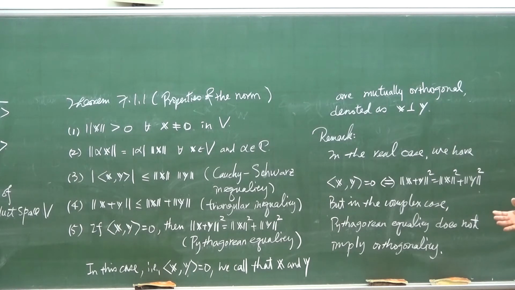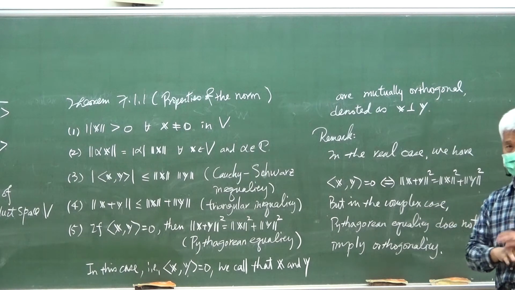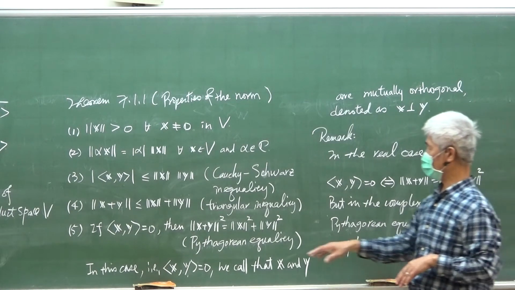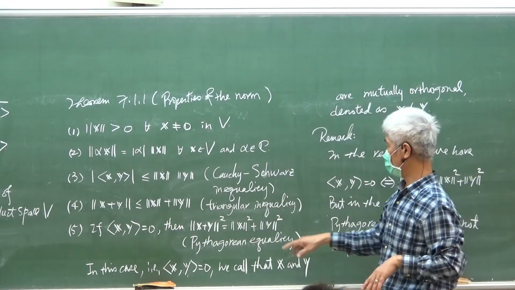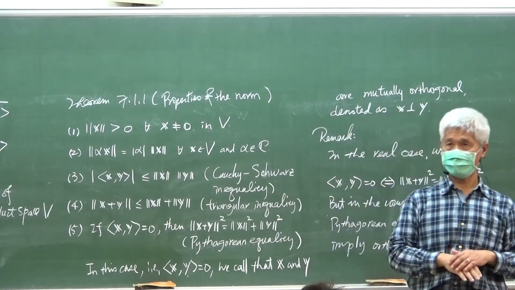That is true because when we study Euclidean geometry, we are considering the real case. But for the complex case, orthogonality is much stronger than the Pythagorean theorem.